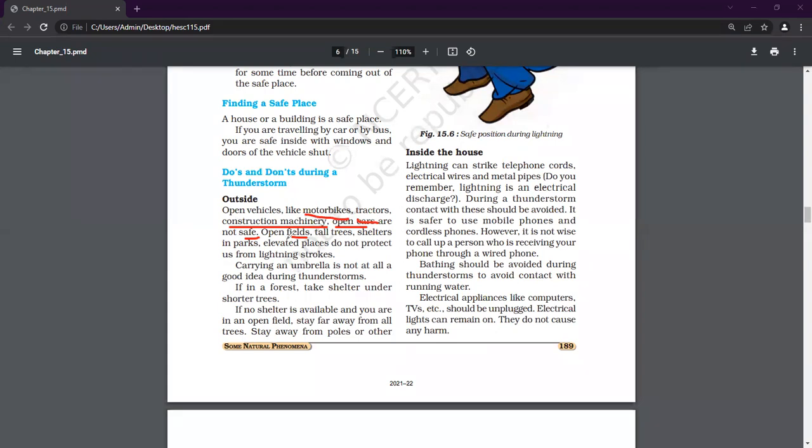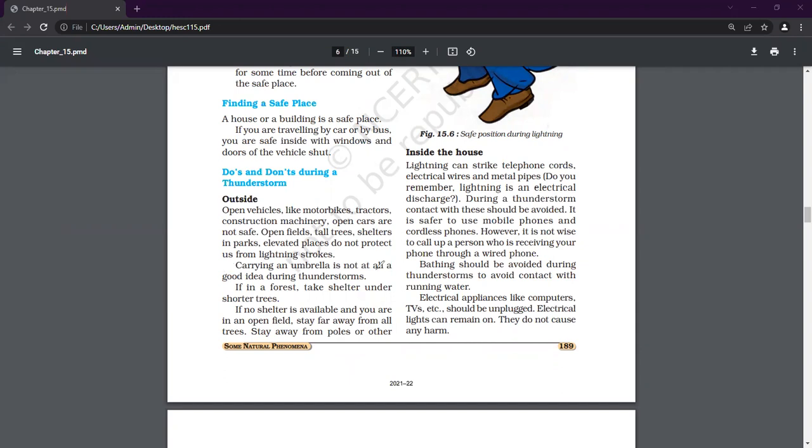Open fields, tall trees, shelters in parks, elevated places do not protect us from lightning strokes. So if you are at any of these places, you should quickly take shelter in a building or house.